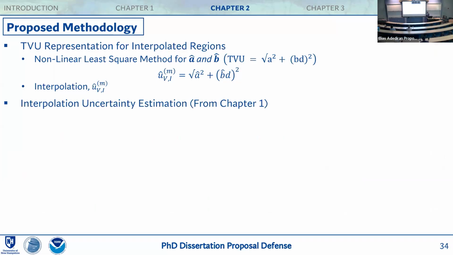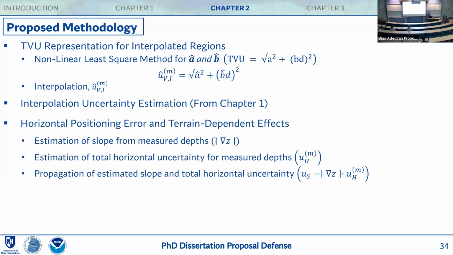The interpolation uncertainty estimation itself has been done in chapter 1. So we grab that information, plus the TVU representation we estimated for the interpolated region, plus the slope-induced effect that I was talking about.